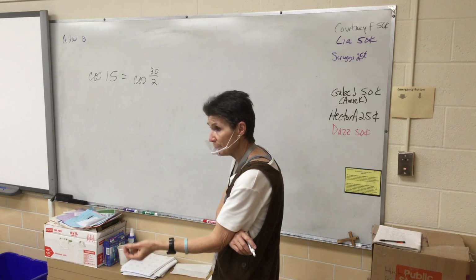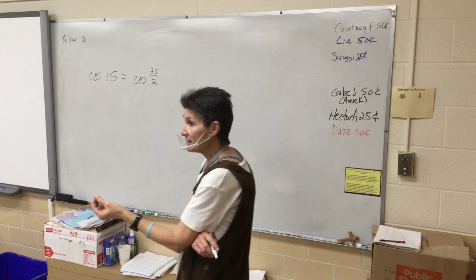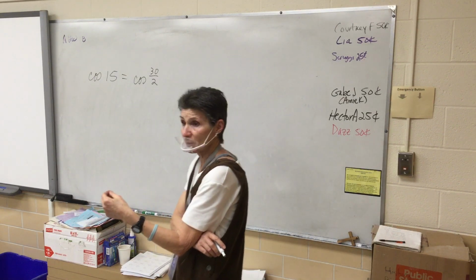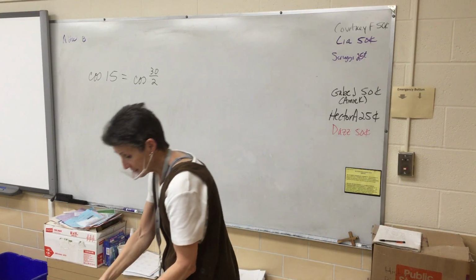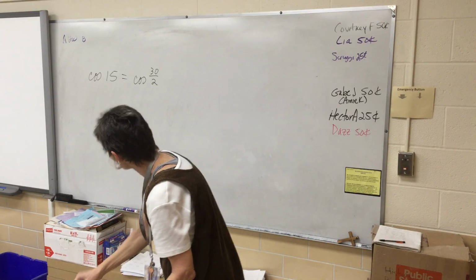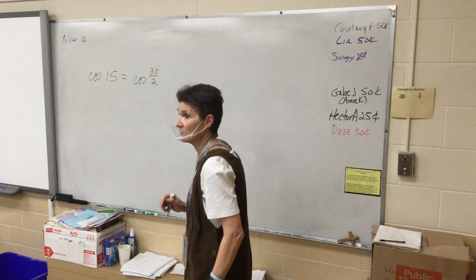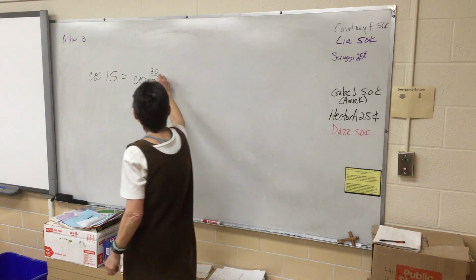So look down your sheet. Find the formula. You do not have to memorize the half angle identities. Find the identity that does the cosine of half the angle. All right, what does it say?